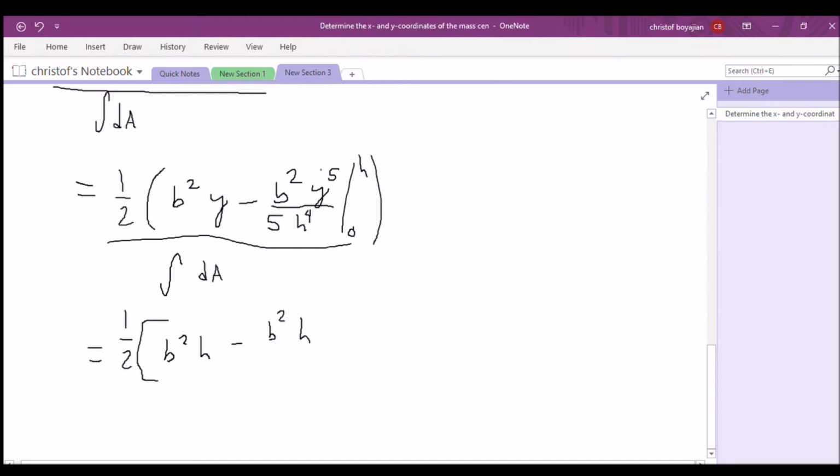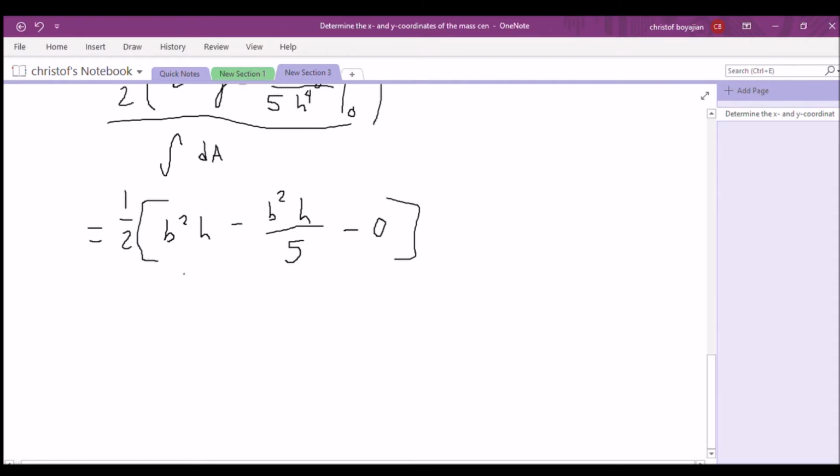So it's h to the 5th over h to the 4th, which should just simplify to h over 5. And then evaluating at 0, if we plug in y equals 0 here, it's going to be 0. So we're going to have a net result of 0 right there. And this is all divided by our dAs.